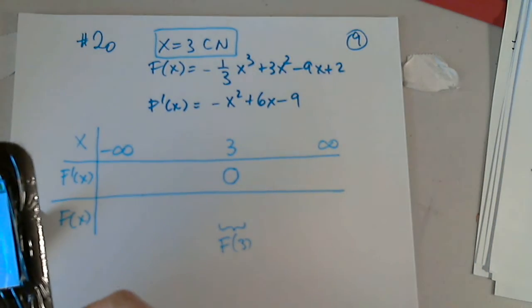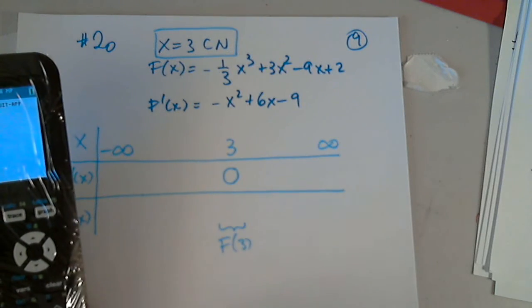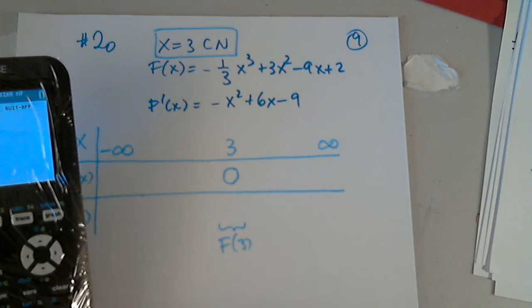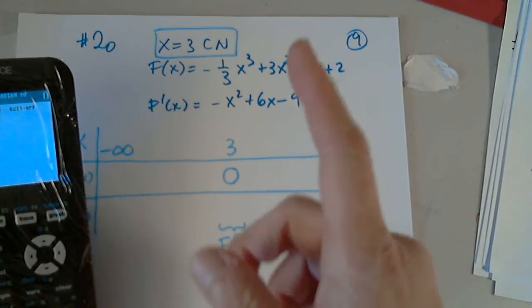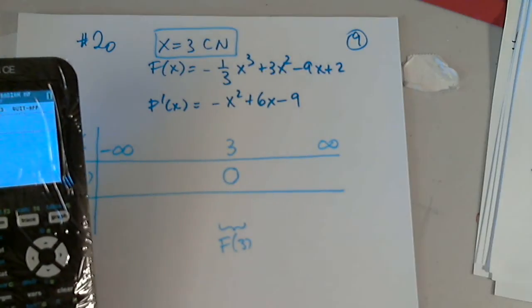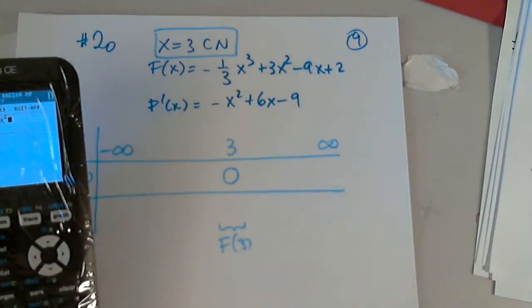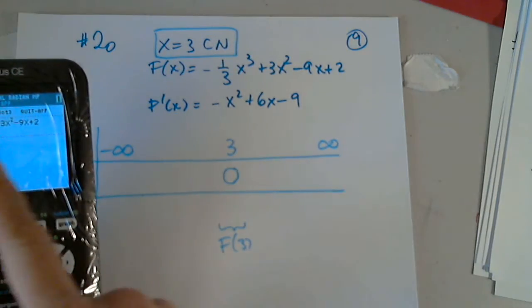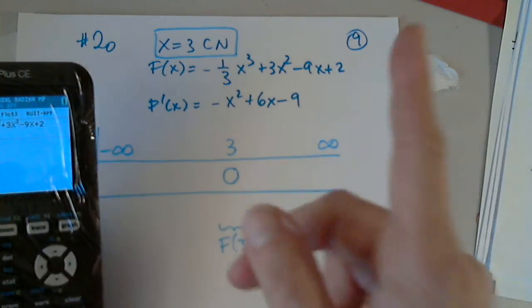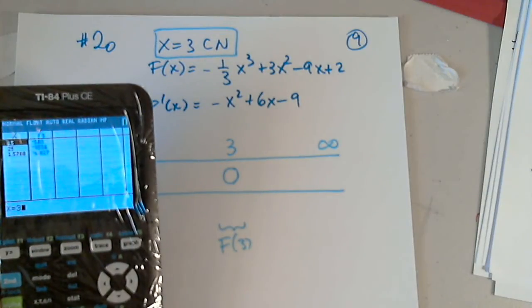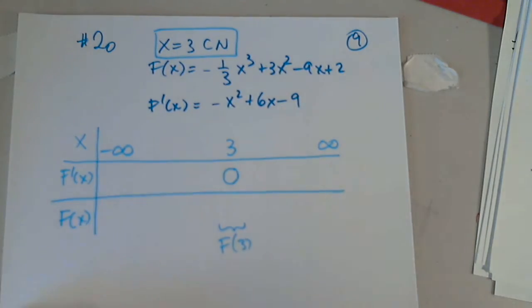I recommend parentheses around negative 1/3, negative 1 divided by 3. And then I have x to the third, and then plus 3x squared, and then minus 9x, and then plus 2. I'm checking that it is correct. Yes. And now I will plug in 3, and I get negative 7. Fine.